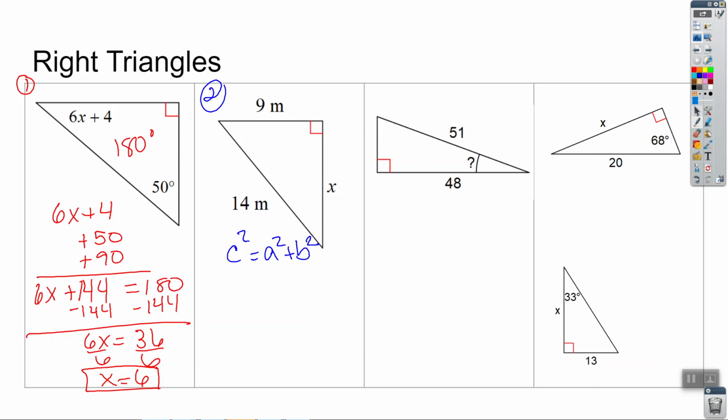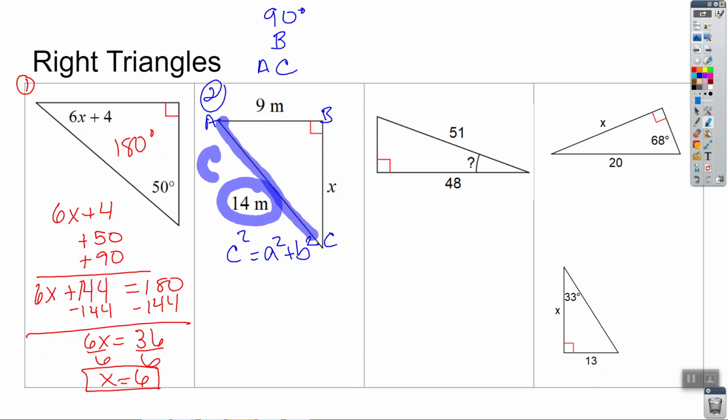If you have a triangle like this and you have no clue what to do, I go ahead and I label the vertices of my triangle A, B, C. And I just do my little chart thing. Where is my 90-degree angle? It's at angle B. Which 2 letters are missing? A and C. And what that does for me is that tells me that this is my hypotenuse, or my C. So I get 14 squared equals 9 squared plus x squared.